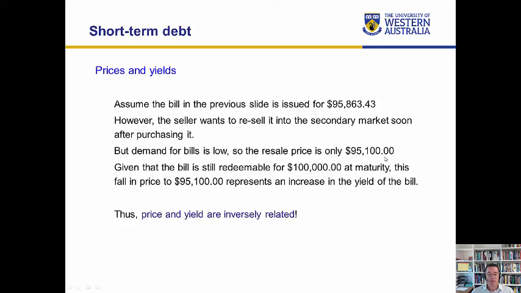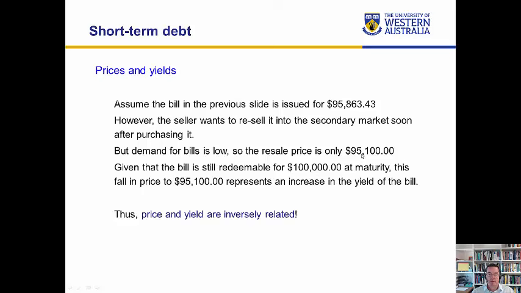Now if the price of the bill falls, that means that the new owner will get a higher yield, because the new owner will now get $4,900 profit on this when they redeem it at maturity for $100,000.